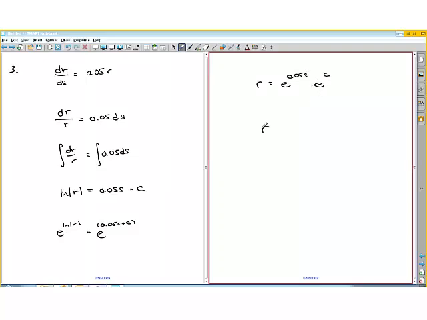And e to the c is just an arbitrary constant, which we could call C1, but we're just going to call it C because, until we apply the initial condition, it doesn't matter. So this is just our usual exponential equation. We get r is equal to c times e to the 0.05s.